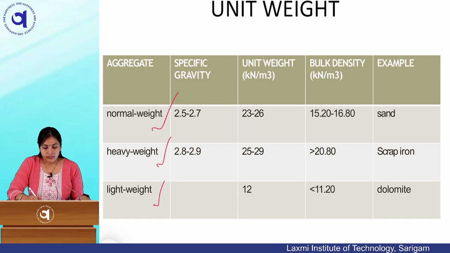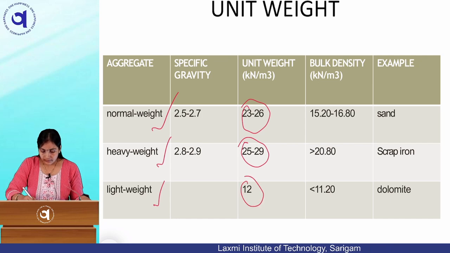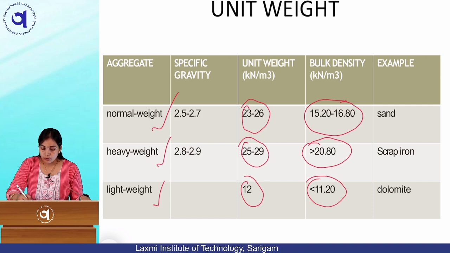Unit weight varies from 23 to 26 for normal, and 25 to 29 for heavy weight, and light weight is 12. If you talk about the bulk density, it varies from 15.2 to 16, heavy weight greater than 20.8 and lightweight less than 11.20. Examples: normal weight is sand, heavy weight is scrap iron and lightweight is dolomite.